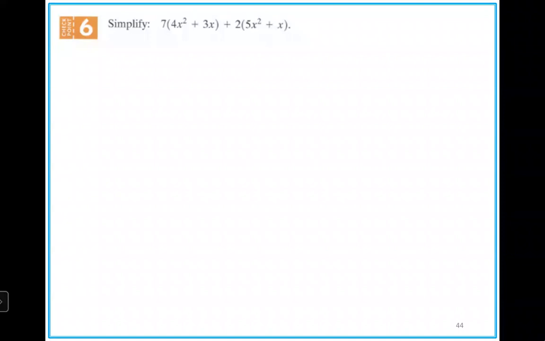You could tell us what to do. Okay, 7 times 4x squared. No, just go through the whole thing first. Okay, then 7 times 4x squared plus 7 times 3x plus 2 times 5x squared plus 2x.